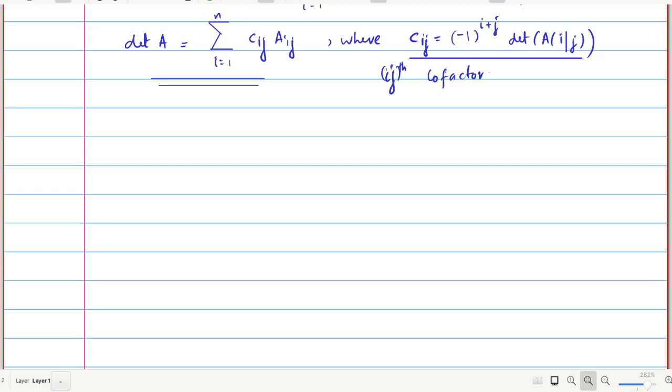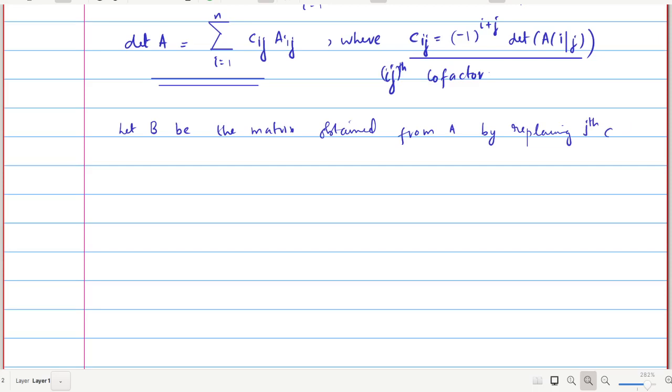Now we consider a matrix B. Let B be the matrix obtained from A by replacing the jth column by its kth column.